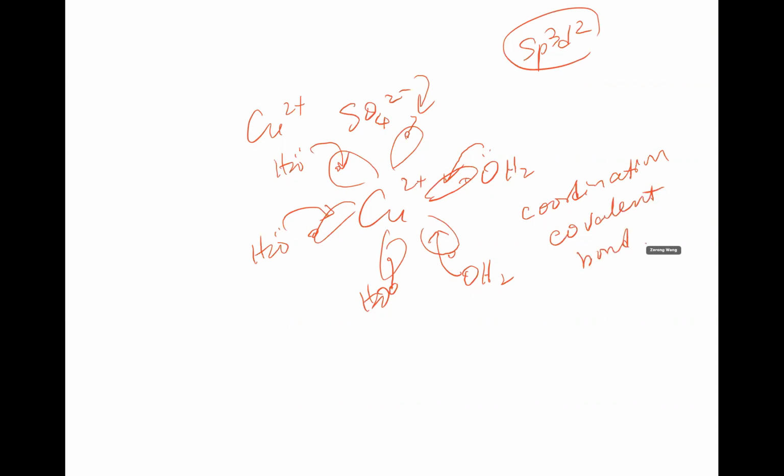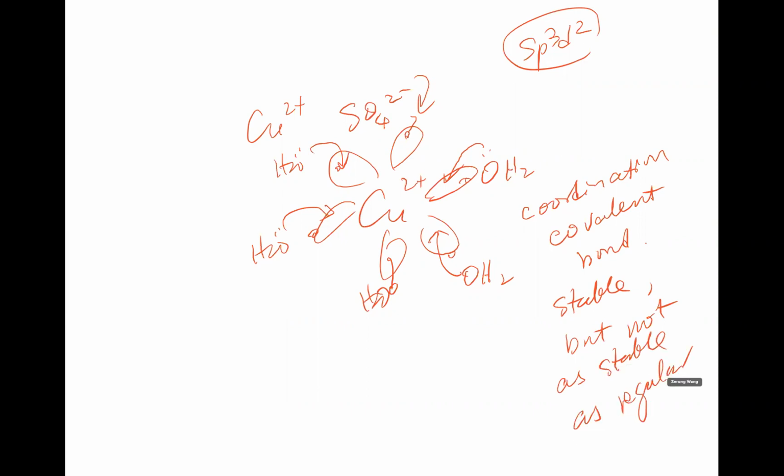Now these bonds are stable, right? But not as stable as a regular covalent bond. And from this one, you can see here actually, except this one, there are 5, right? 5 water molecules associated with this copper cation.